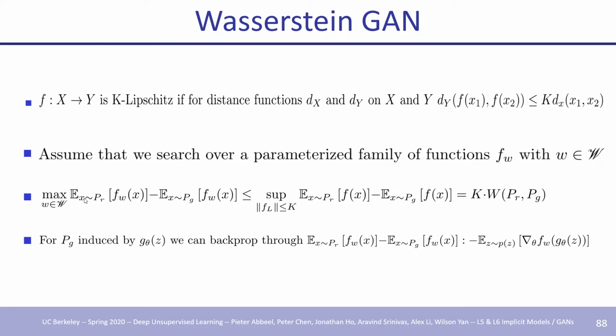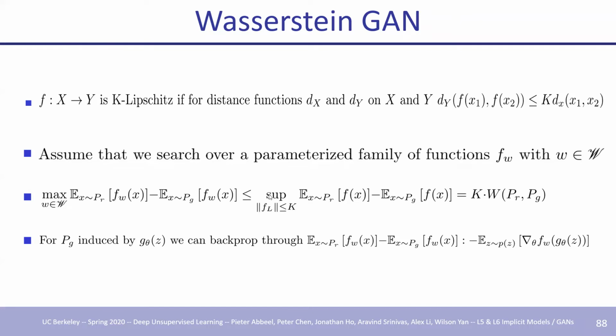The expectation over PR is still there, and we have f_w of x instead of f of x, and this becomes f_w of f of x. The f_w is deep learning; it's our model f_w with parameters w.